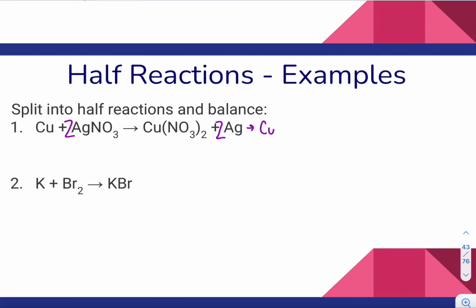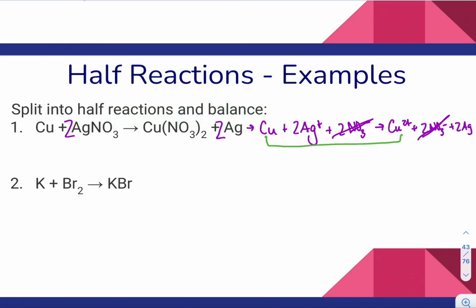So I'm going to have Cu plus 2Ag plus, plus 2NO3 minus gives us Cu2 plus, 2NO3 minus, plus 2Ag. So in this case, the 2NO3 minuses will cancel. And then I'm going to split them up into half reactions.